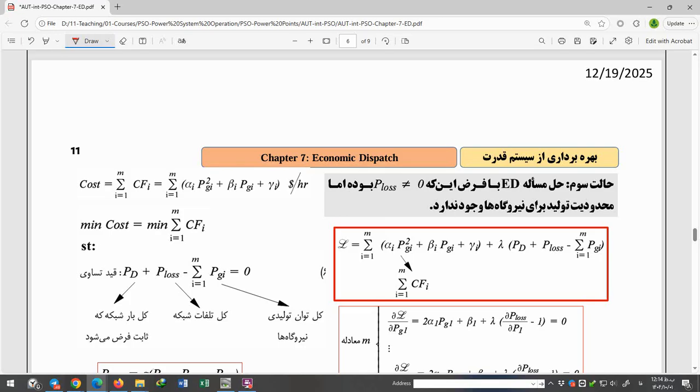Please write your problems in WhatsApp, write them on your paper and take a picture, and I will give you a solution in WhatsApp.